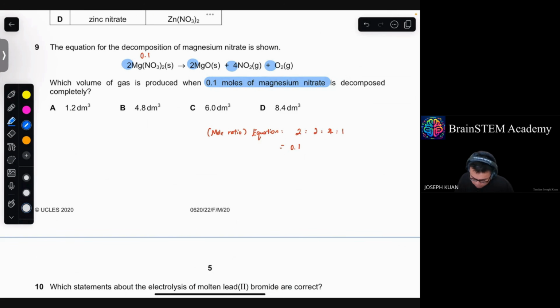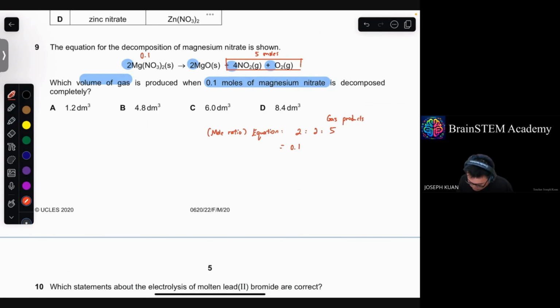The question asks for the volume of gases. Based on the equation, the products that are in gaseous form are these two chemical substances, which give you a sum of 5 moles altogether. So let's change this mole ratio slightly into the gas products.